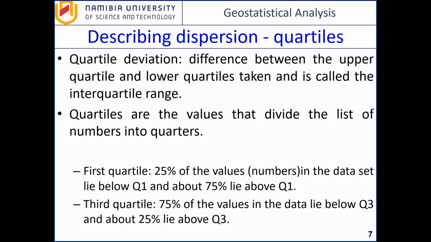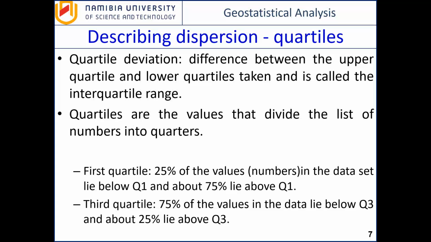Quartiles are the values that divide the list of numbers into quarters. So if we have 10 numbers, first we need to sort them from the minimum to the maximum. What is the value in the middle? Remember, the median, yeah? So if we take the median, we take 50% larger than the median and 50% smaller than the median.